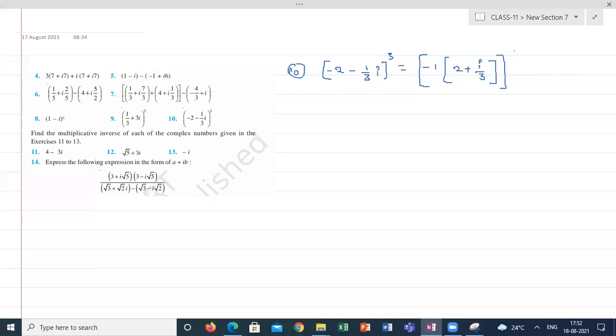To avoid confusion, take minus 1 whole cube. Do it. So the minus of 2 plus i by 3 whole cube.